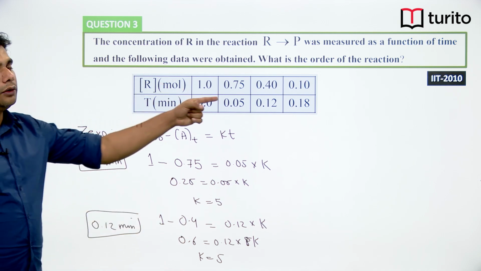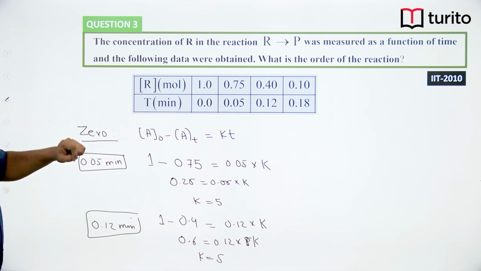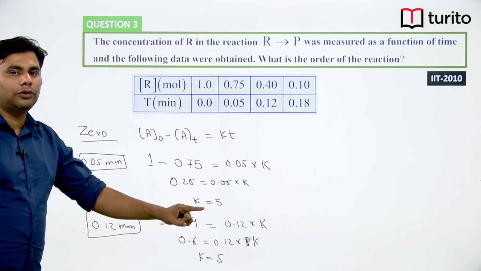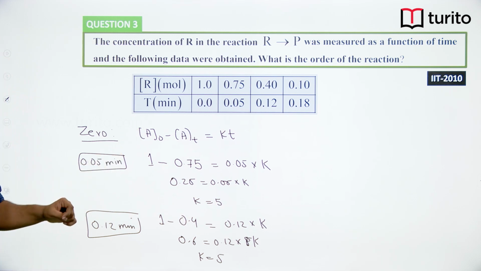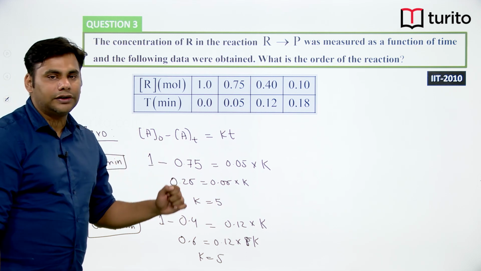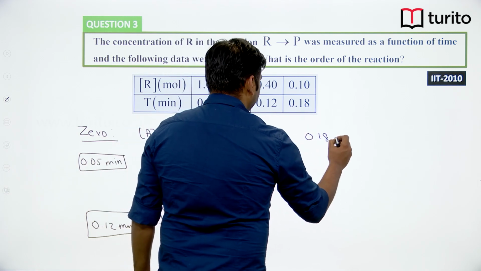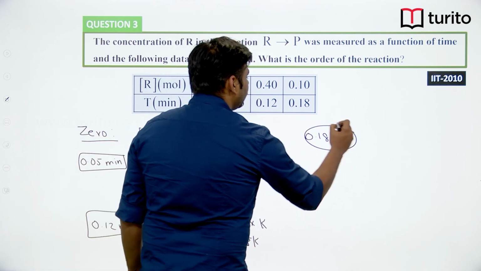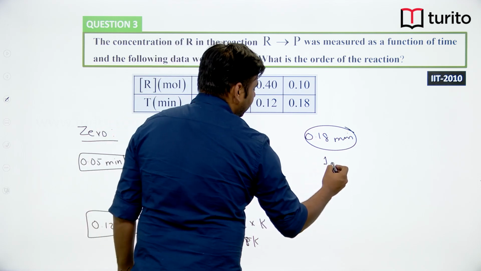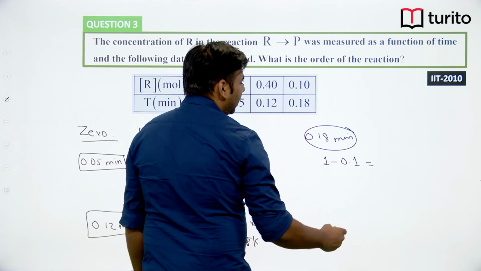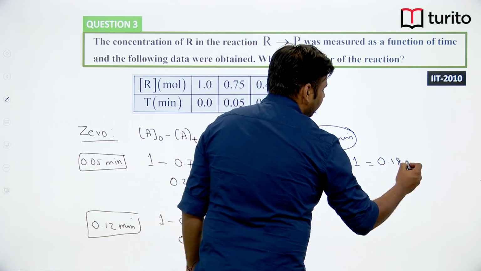So we are going to calculate it for 0.18 minutes as well. If the value of rate constant K again comes to be the same, it means that this reaction is following zero order kinetics. So let us just try for 0.18 minutes. The initial concentration is 1, the final concentration is 0.1, and the time is 0.18 minutes.